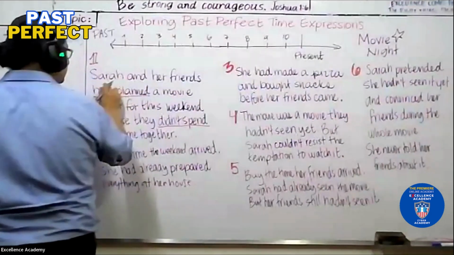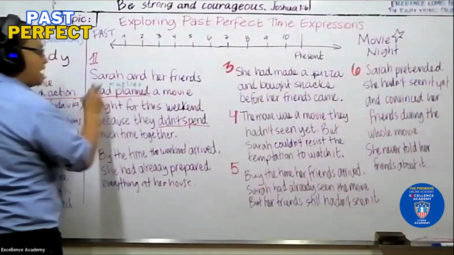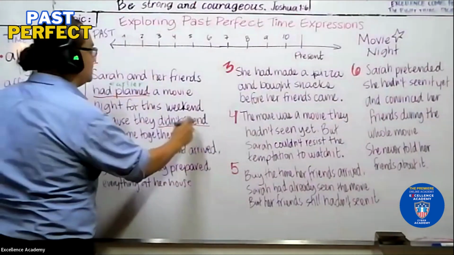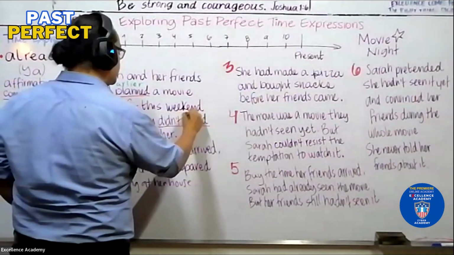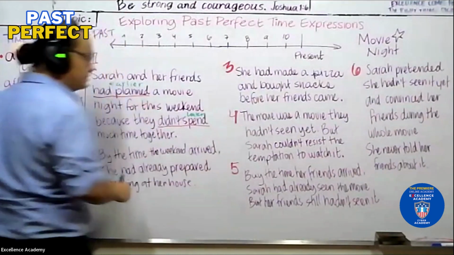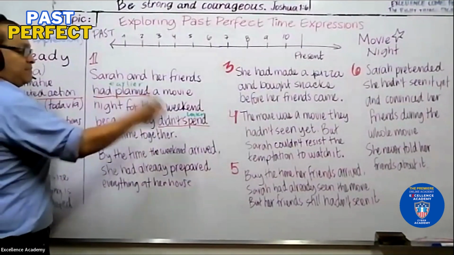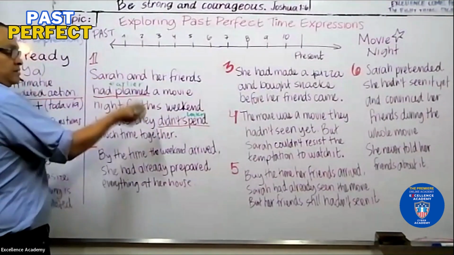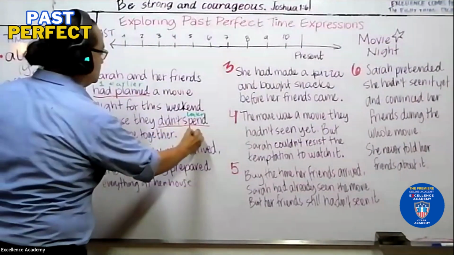So had planned happened earlier, and didn't spend much time happened later. Okay? Happened later. So happened after. Yes, happened after. You could say that too. So you could say that this is number 1 and this is number 2.